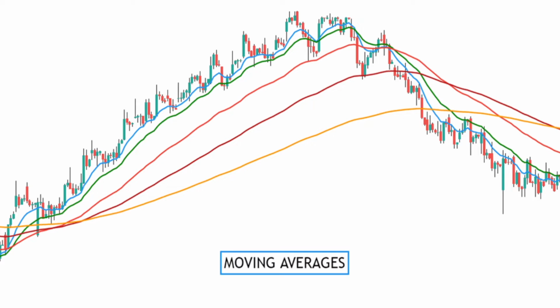Each of these moving averages has its own unique character, and traders use them based on their preferences and trading strategy. As I told you beforehand, there are many types of moving averages which you can use, but the most common ones are SMAs and EMAs.